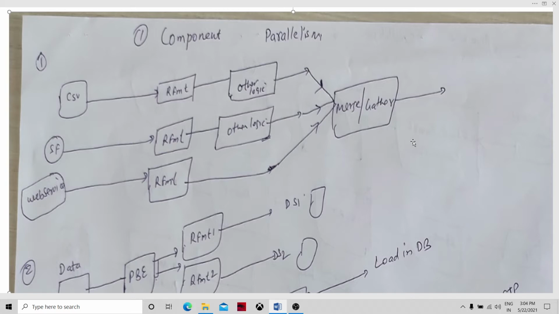So let's look at example number one, where we have various data streams. One is CSV, comma separated values, where the source stream is supplying Excel sheet or spreadsheet CSV format files. Another one is Salesforce.